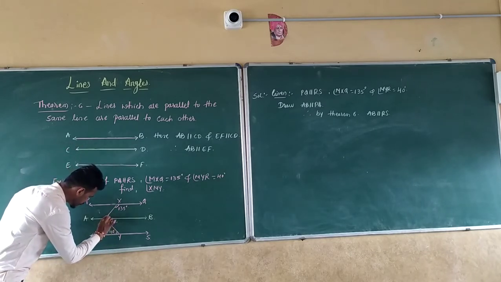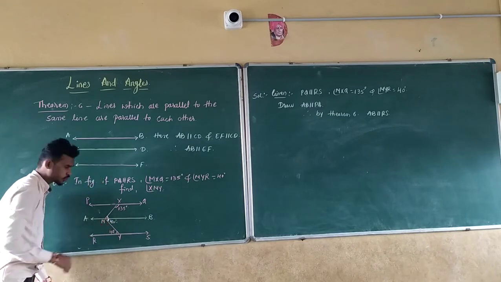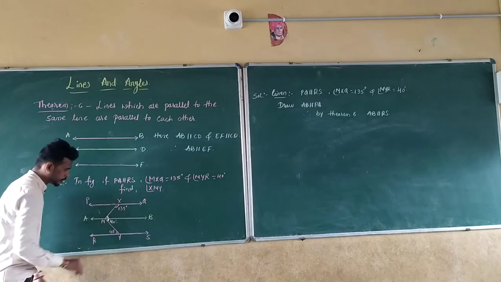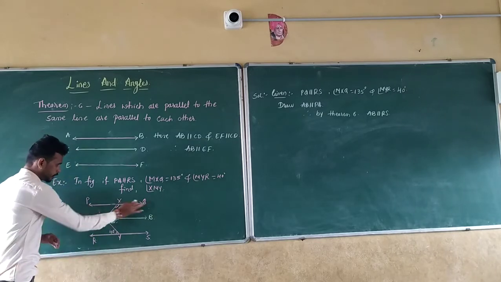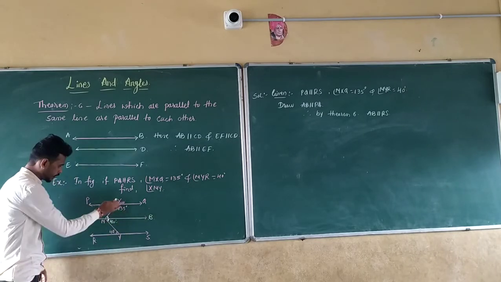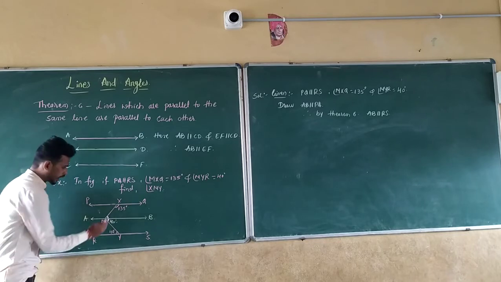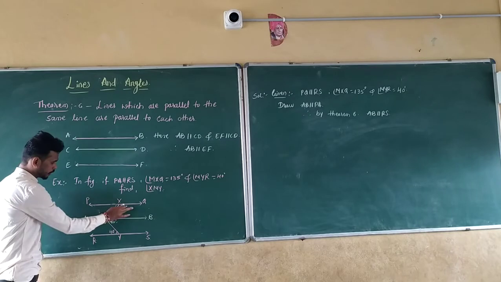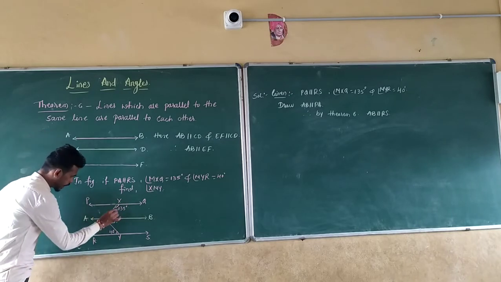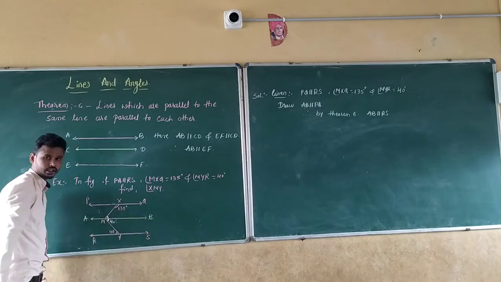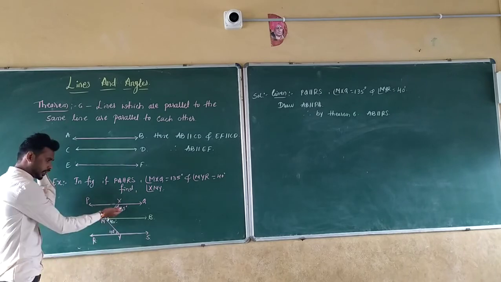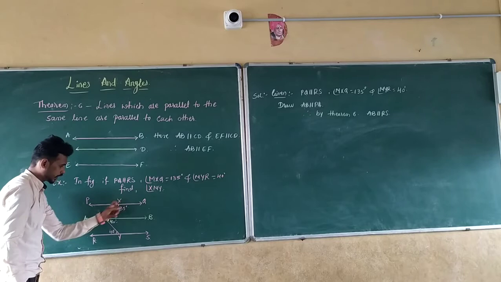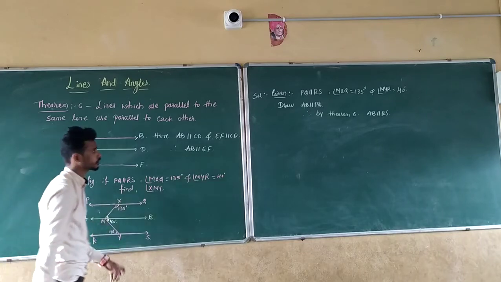Now if you find this angle and add these two, you will get the angle XMY. For finding this angle, here PQ is parallel to AB and XM is a transversal. The angles on the same side of the transversal are supplementary. So 135 degrees plus angle XMB is equal to 180 degrees. You can write that. Then find this angle. If you add these two, you will get the angle XMY.